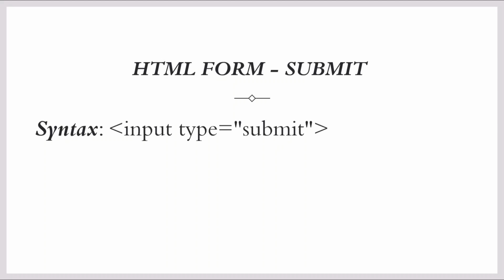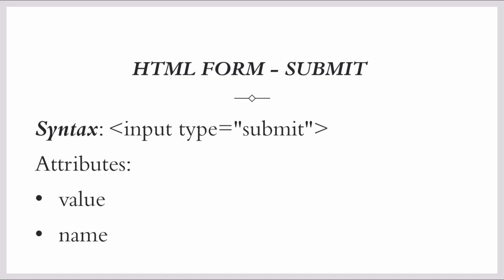Same as button and reset, the input type submit also supports additional attributes such as value to specify the text displayed on the button and name to identify the button's name in the form data. By using these attributes, you can customize the appearance and behavior of the submit button.